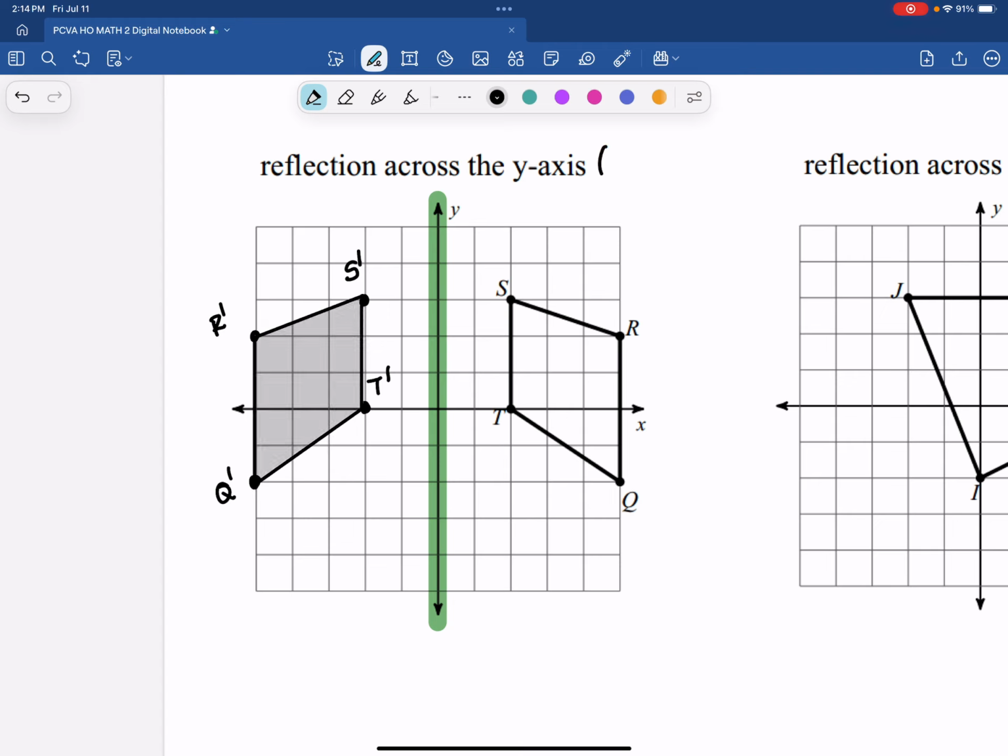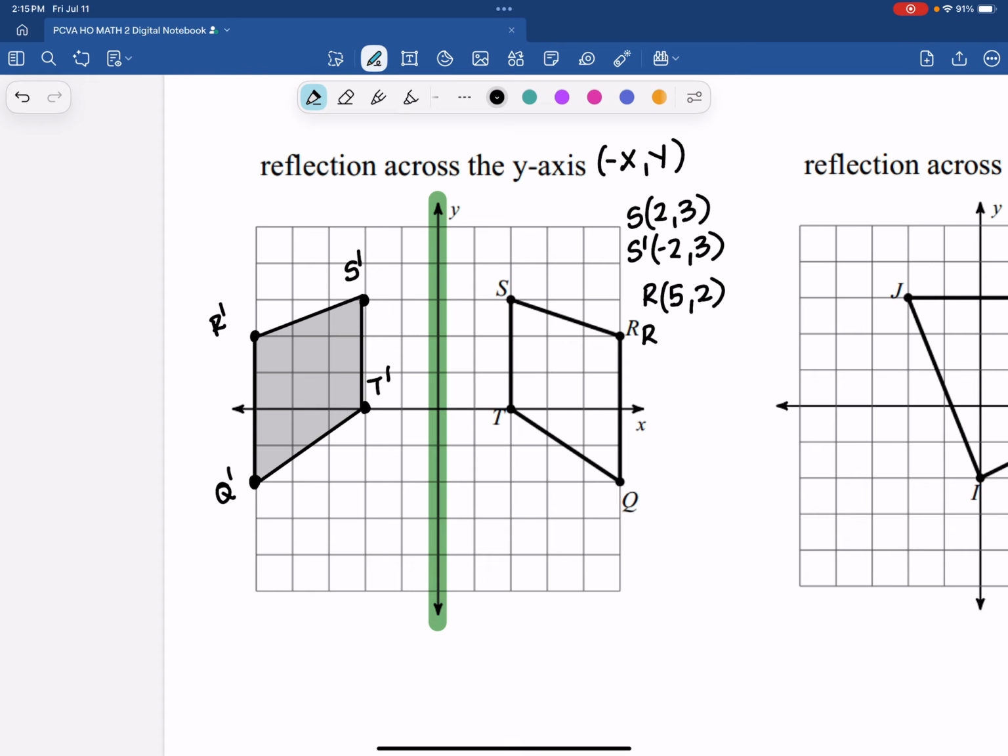Or the rule is that if you are reflecting over the y-axis, you make your x the opposite value. So if I have S located at 2, 3, S prime is going to be located at negative 2, 3, which it is in fact. Then we had R. R was located at 5 and 2.